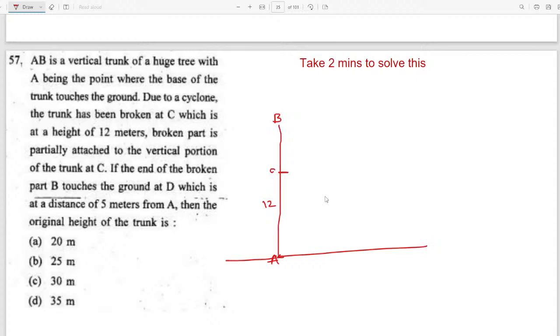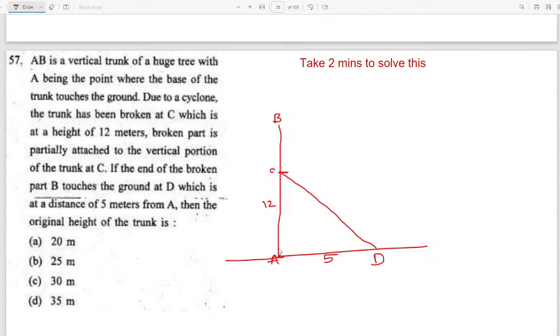And now this has fallen, partially attached to the vertical portion of the trunk at C. And if the end of the broken part B touches the ground at D, so it falls like this. And this is D, which is at a distance of 5 meters. The D is at a distance of 5 meters from A. This is 5. And they are asking the original height of the trunk.